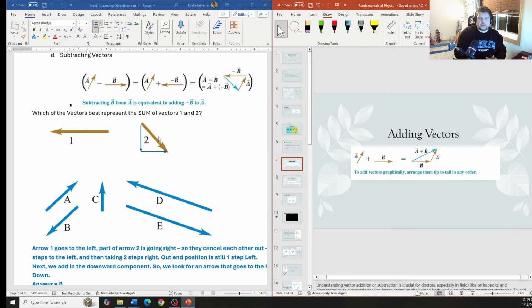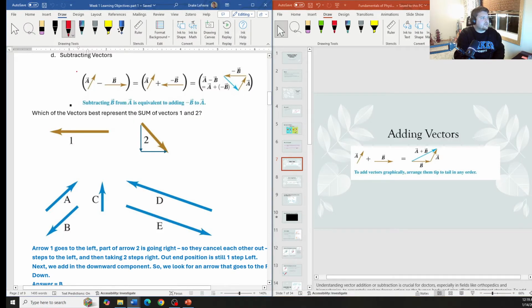In actual cases where you have to do the calculations, they're going to give you the values. So don't worry, this is just a representation. We're going to give these some fake values right now to make it a little easier. So let's call this 4 and let's call this 2. It has a value of 4 and a value of 2, because this is about twice as long as this one down here. So 4 to the left and 2 to the right.